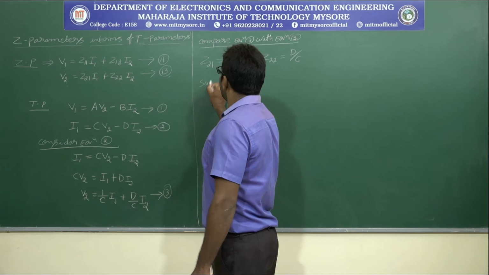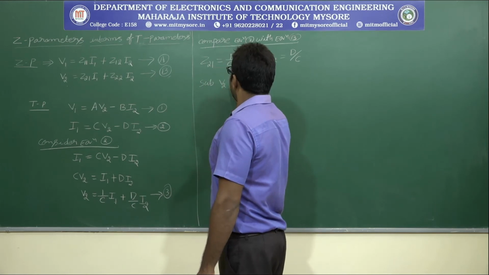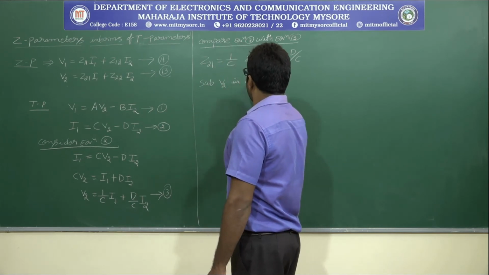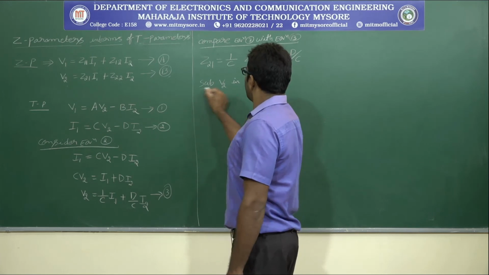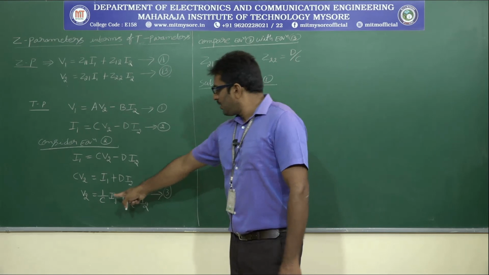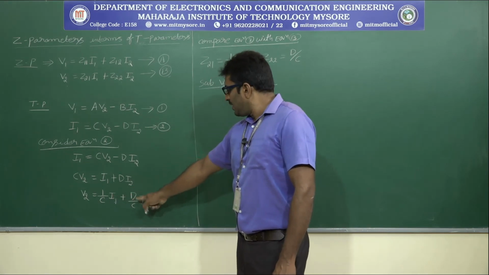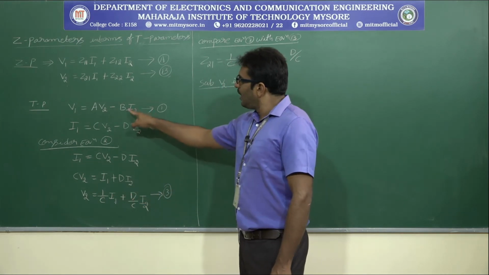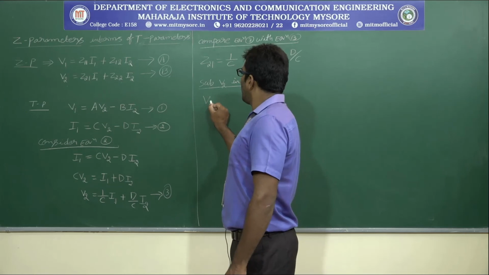Now substitute V2 in equation 1, because we already considered equation 2. What is V2? 1 by C I1 plus D by C I2. What is equation 1?